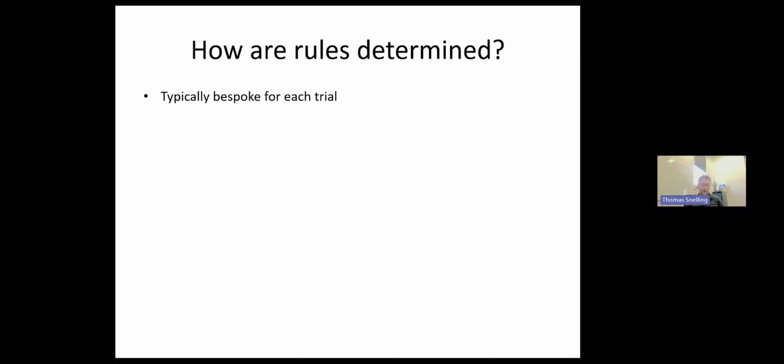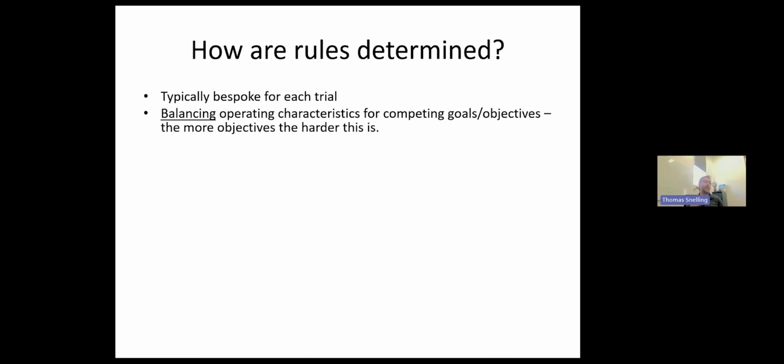Sometimes those heuristics are helpful, but more typically you apply very specific rules for each trial that balance the operating characteristics for competing goals and objectives.